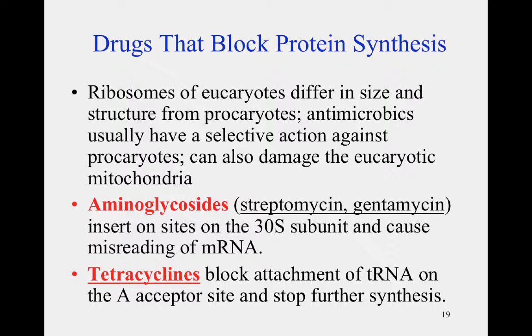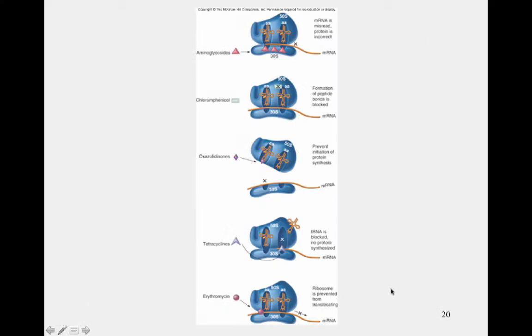The aminoglycoside will insert on sites on the 30S subunit and cause misreading of the messenger RNA. The tetracyclines will block attachment of the tRNA on the A acceptor site. This is where the tRNA comes in on the ribosome before the amino acid is added.